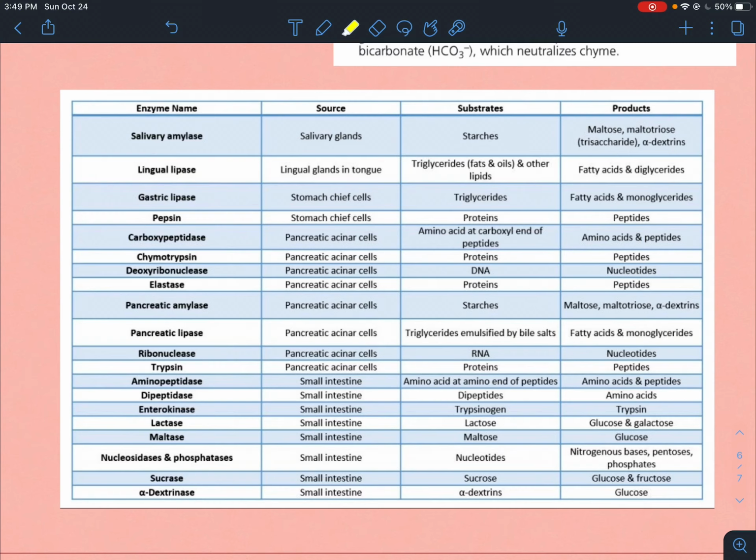So notice that we have the enzyme name, the source, what it breaks down, and notice that the pancreas, those exocrine acini, are responsible for making a big portion of this chart.